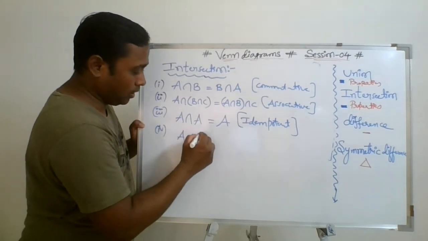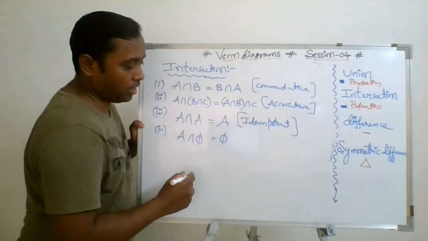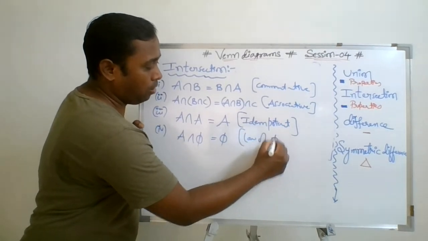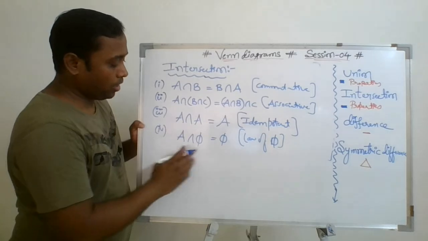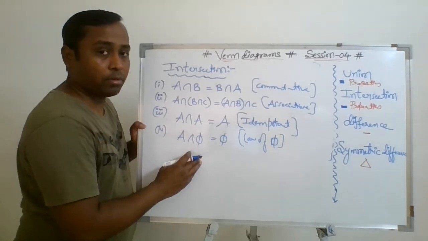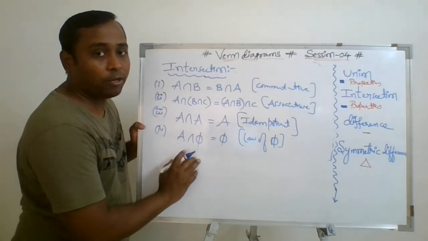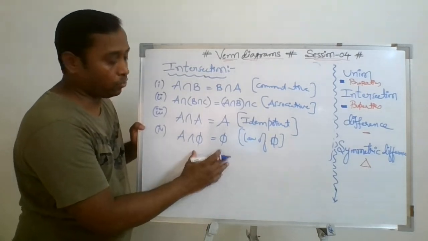Then A intersection null set will always give the null set, which is called the law of phi. Law of phi means there is no common element possible with the null set. The null set has no element at all, hence there is no common element, hence the result will be the null set only.